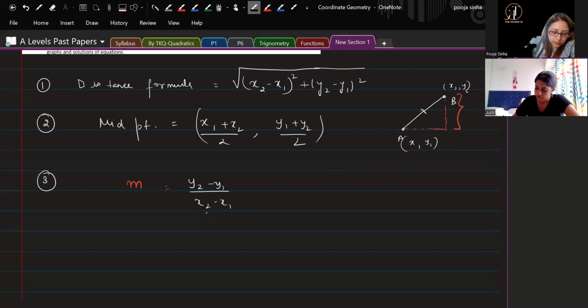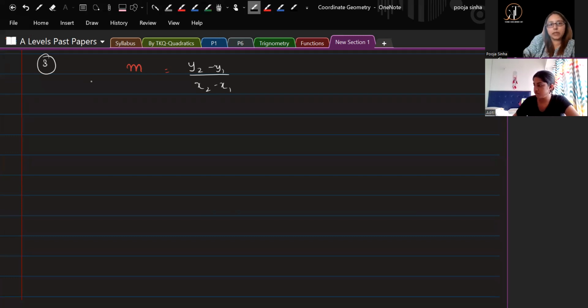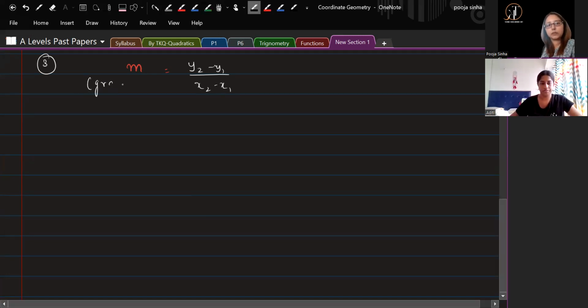Few important pointers. If I have a line like this, going a little deeper, this is gradient now, right? So what if I have a line which looks like this? Does it have a positive gradient or a negative gradient? This is a positive gradient. What if I have a line like this? It will have a negative gradient.